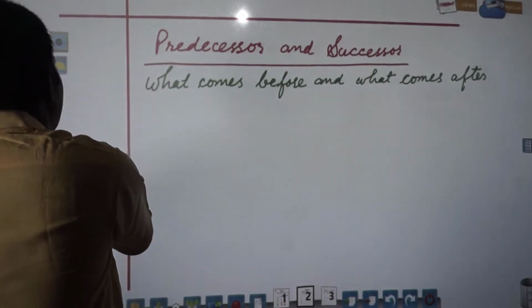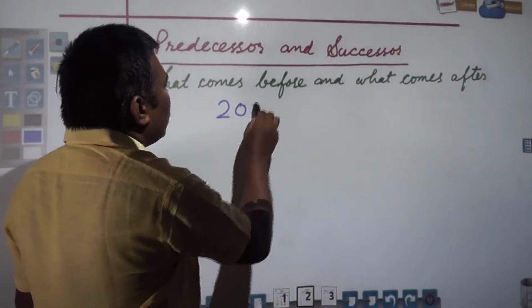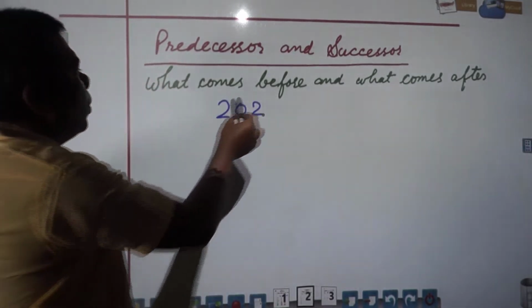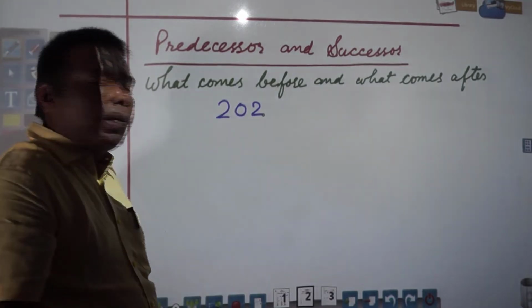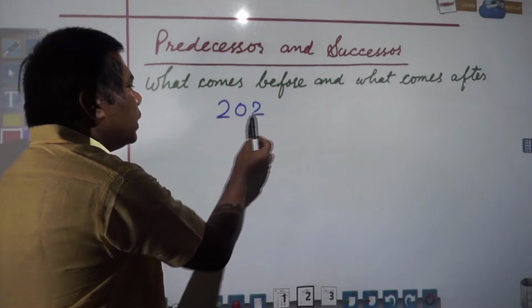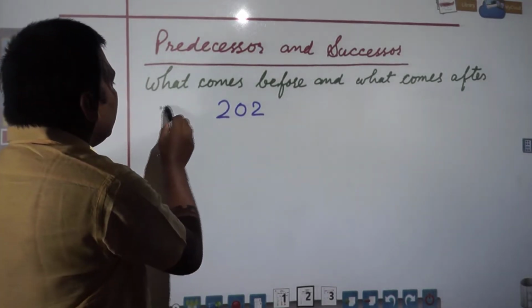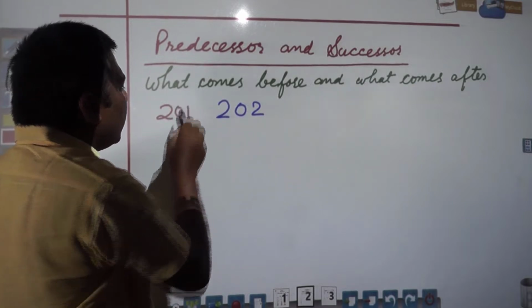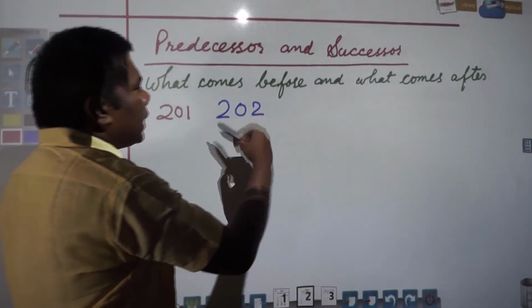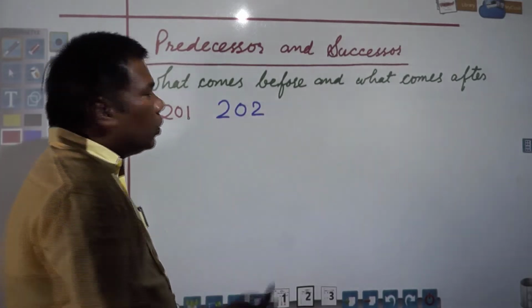Suppose 202. So the predecessor of 202 will be just before this number. So just before this number will be 201, and the successor of this number will be just after this number.